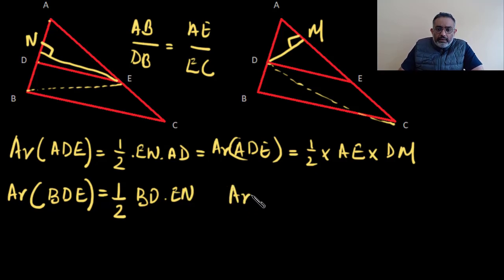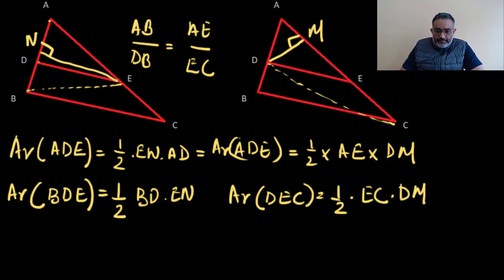And the area of this is DEC, right? DEC is equal to half times its height DM and the base EC. Alright, so let's do EC as the base times DM.